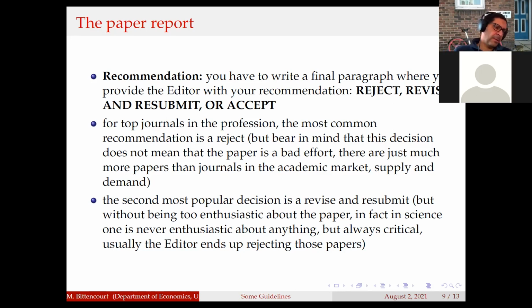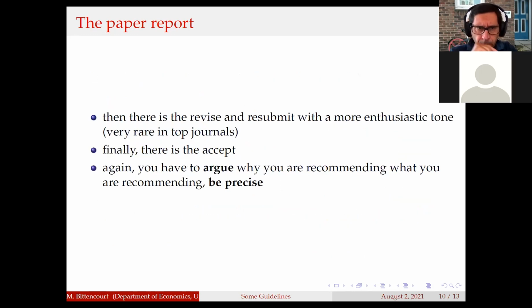Sometimes I receive recommendations of revise and resubmission, but you start reading the report, and you start reading between the lines, and you see that the referee is not really very enthusiastic about the paper, and we reject, right? There are other journals in the market.